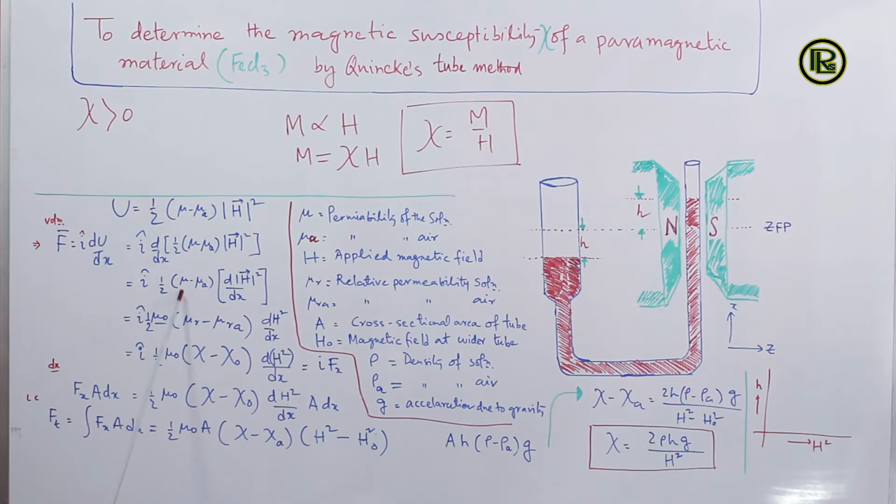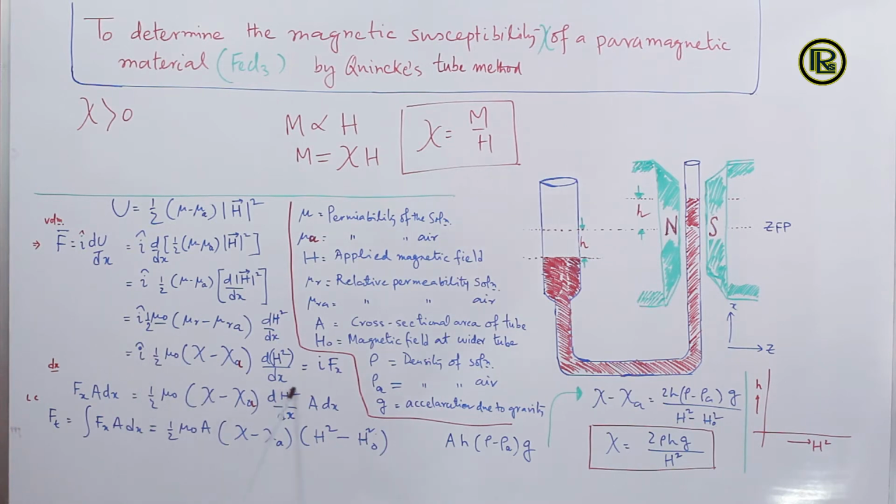And this mu and mu A can be replaced with the relative permeability of the solution and the air respectively. Therefore, this equation becomes I cap half mu naught chi minus chi A h square dx, and this force is along x direction, so this is called f of x.